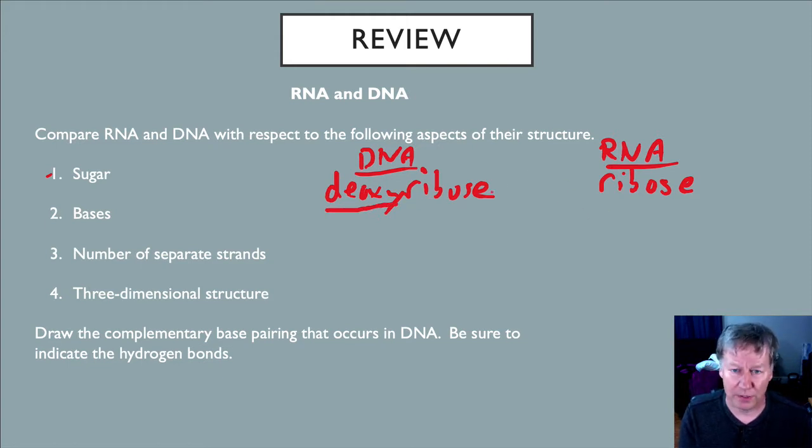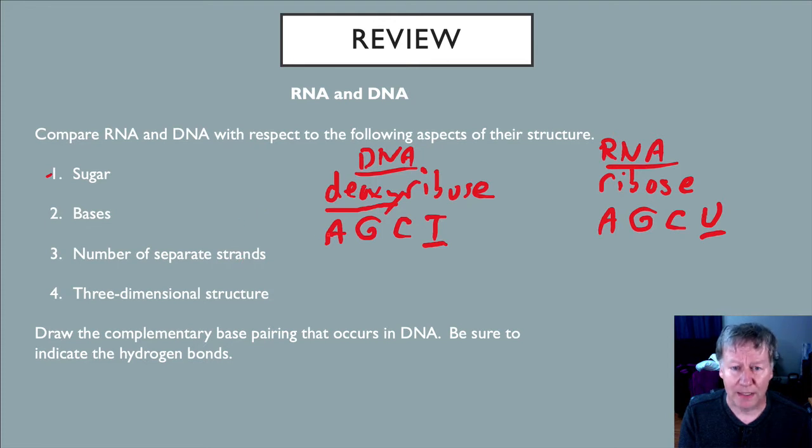Otherwise, they're structurally very similar. The bases. DNA has adenine, guanine, cytosine, and thymine, while RNA has adenine, guanine, cytosine, and uracil. So they contain the same bases except for thymine in DNA and uracil in RNA.